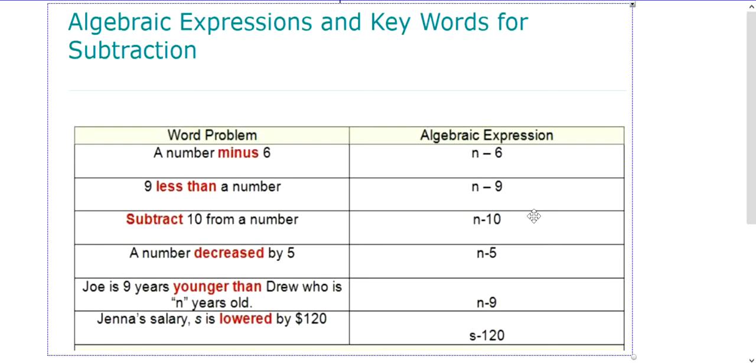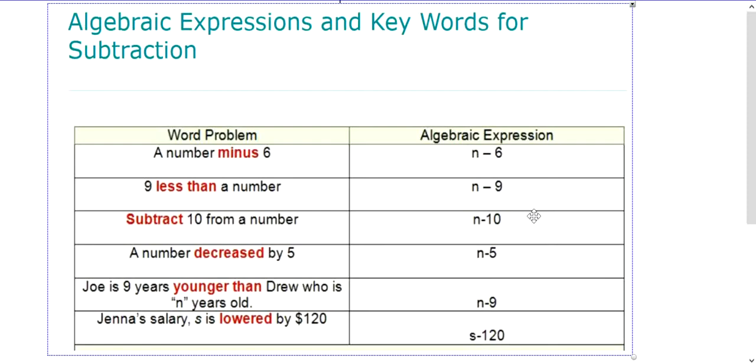For a couple examples here, it says a number minus 6. The number comes first. That means the variable comes first. Okay, 9 less than a number. That number part is the variable. If you do 9 less than a number, the number part or the variable has to come first.